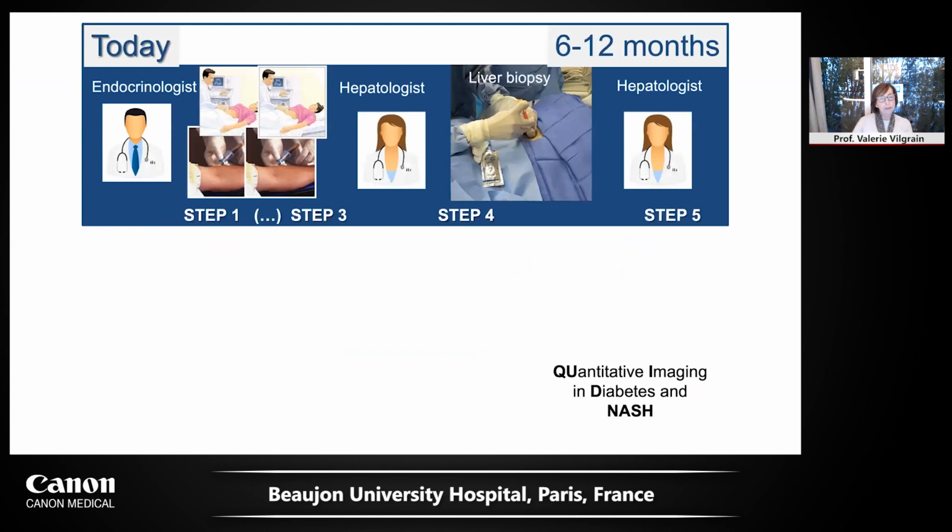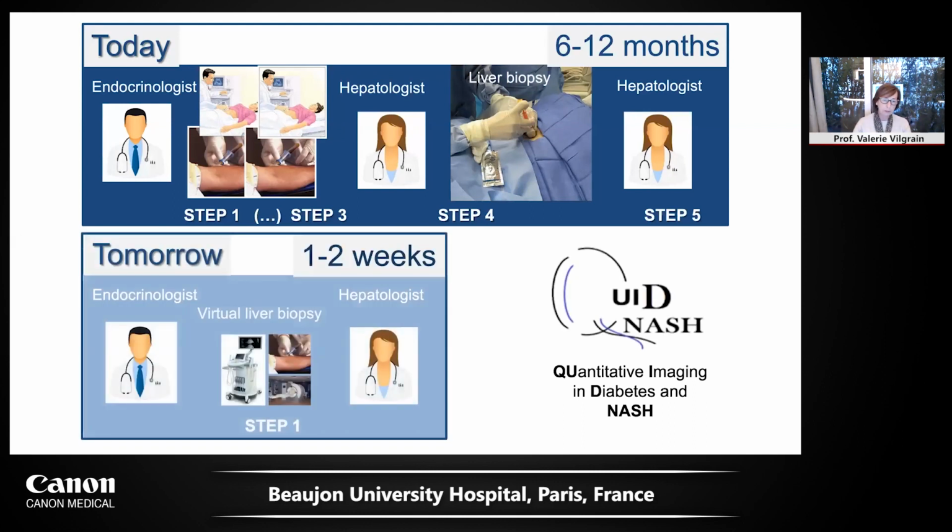In our institution, as well as in another one, we have started to try to develop a virtual biopsy, especially in those type 2 diabetes patients, that will prevent all the different steps between endocrinologist, hepatologist, and liver biopsy, and try to have a combination of biomarkers enabling us to calculate the virtual liver biopsy. And we should get the results in a year.